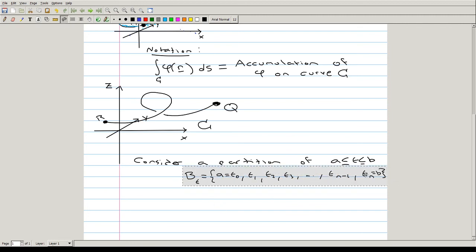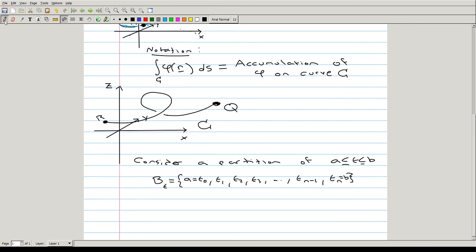And this is important. This partition is an ordered partition, right? It's an ordered list of values of t, and we have that the width of any element of this partition, or the distance between any two values here, we can call delta t_i, for i from 1 all the way up to n.